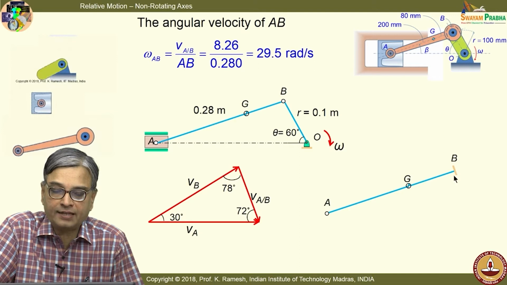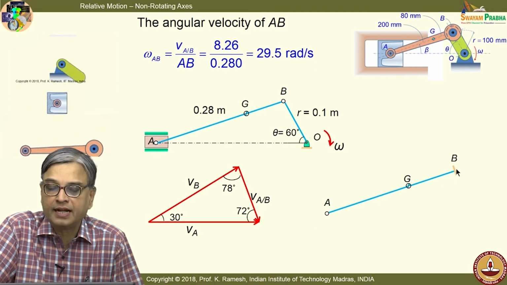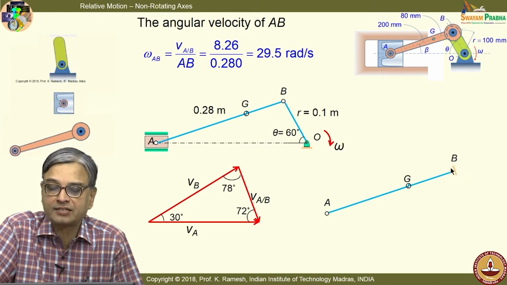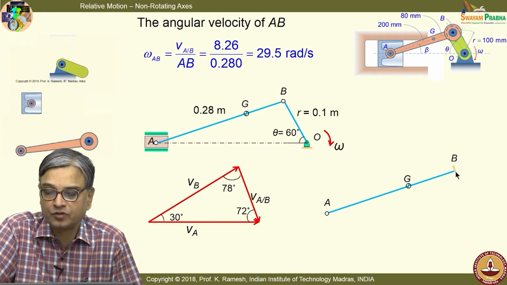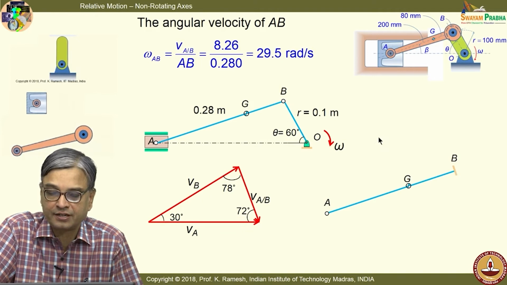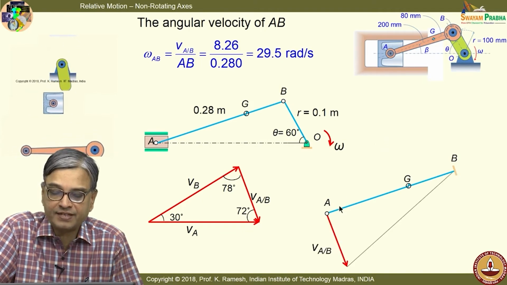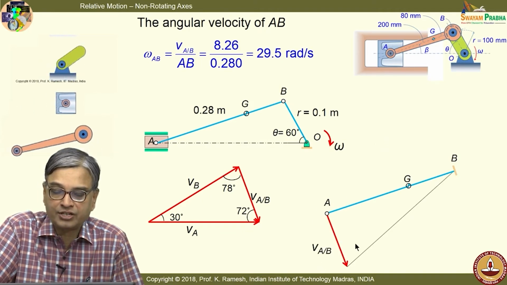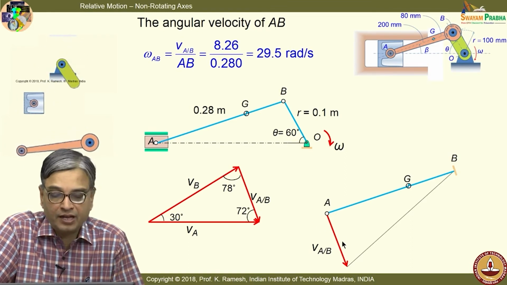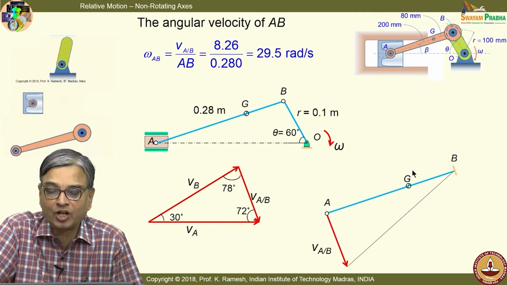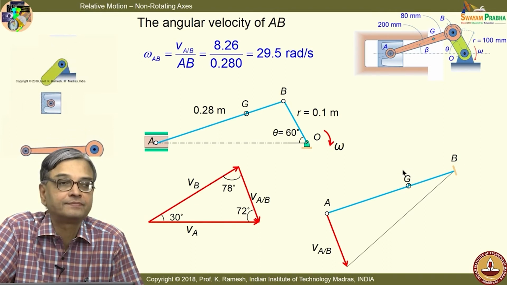So, let us look at the connecting rod, and we have attached our non-rotating translating axis at B. It is shown as fixed, and I have perceived the velocity of A with respect to B like this. We are also asked, what is the velocity of point G?